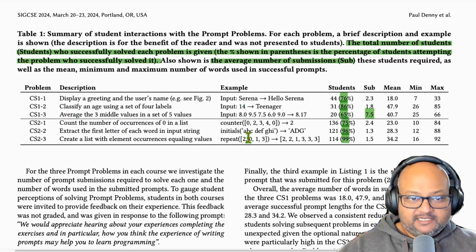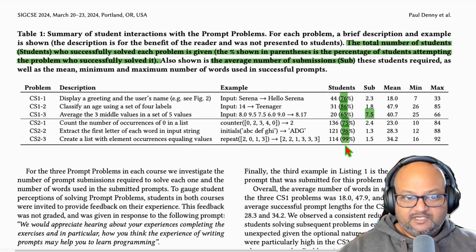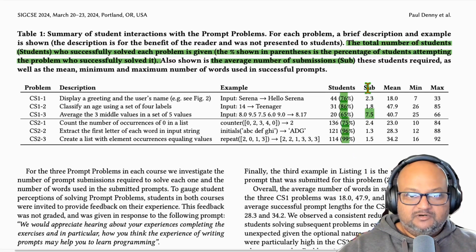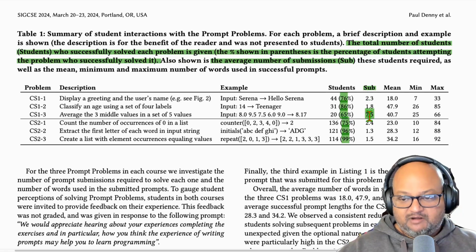And you can see the kinds of examples that were given to illustrate that. In this column here, you see the fraction of students who were able to successfully solve the problem with a prompt, and also the average number of submissions, that is prompt revisions, it took for them to solve the problem.